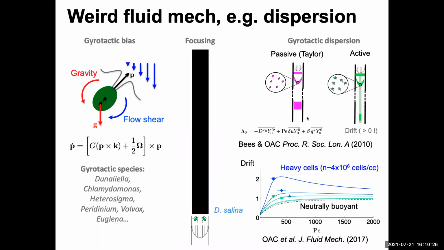So I've been involved in exploring, in collaboration with Martin Bies and others, the consequences of this gyrotactic focusing. So we looked at how cells disperse in a pipe. Normally, if you have a passive solute, it will just be advected by the flow, and it would diffuse in the cross section of the pipe, and the solute will be like a Gaussian that spreads.